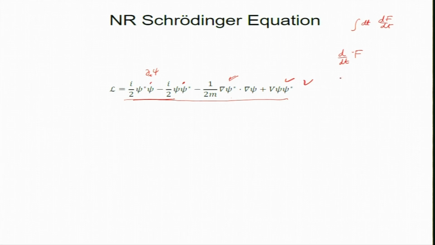So, here I can add, in fact basically subtract, add d by dt of psi star psi. If I do that, then you can see that well, put half here.